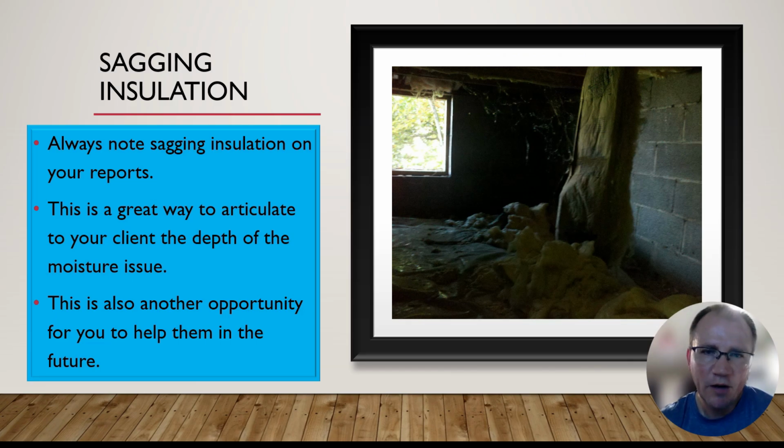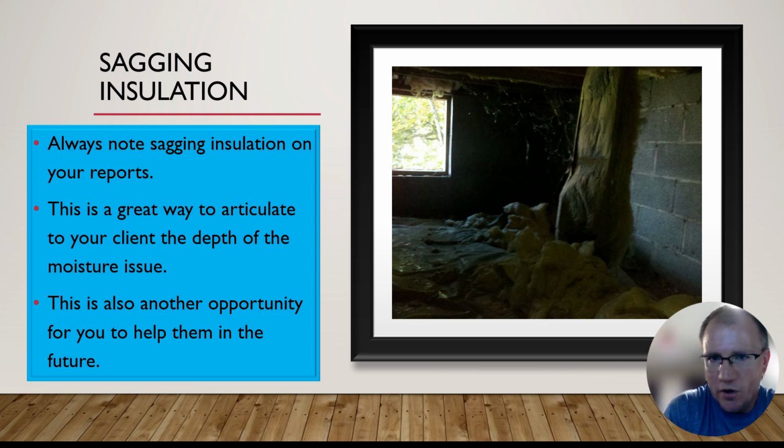Another issue you want to be looking for in your crawl space inspection is going to be sagging insulation. You're always going to want to note sagging insulation on your reports. I can tell you firsthand this is a great way to articulate to your client the depth of the moisture issue in the crawl space. So imagine if somebody came out of your crawl space and showed you a photo like this. You would definitely understand that there must be condensation or something rising up to your floor joist and causing your insulation to sag down.